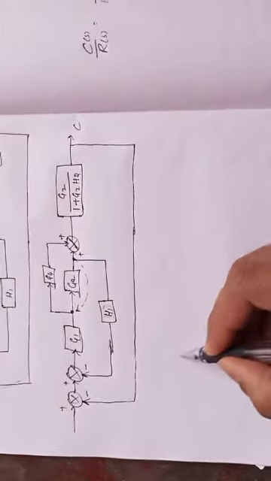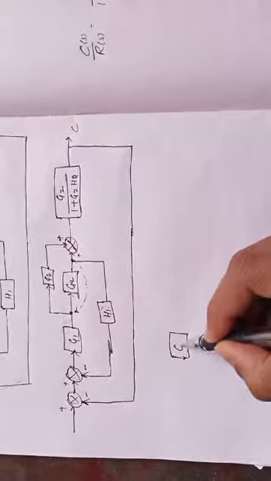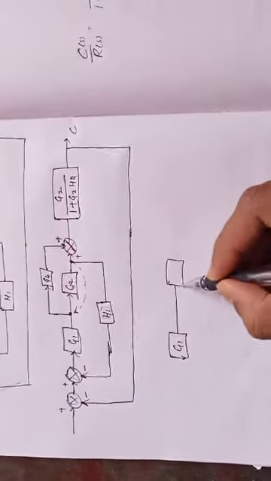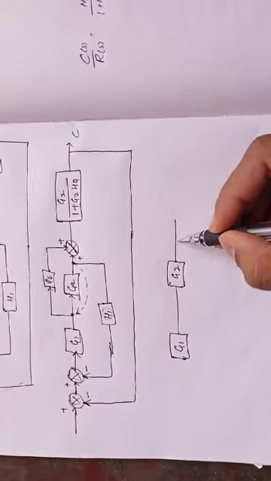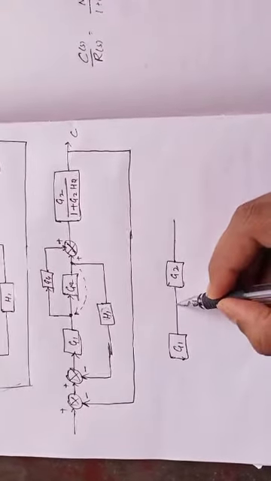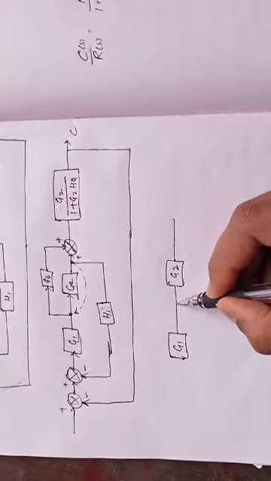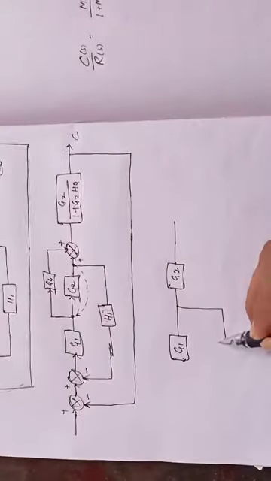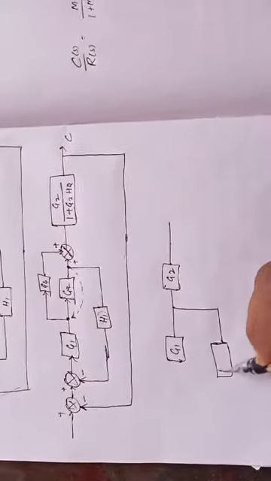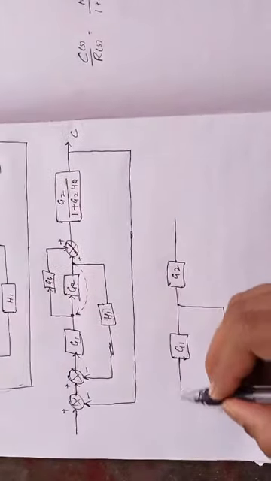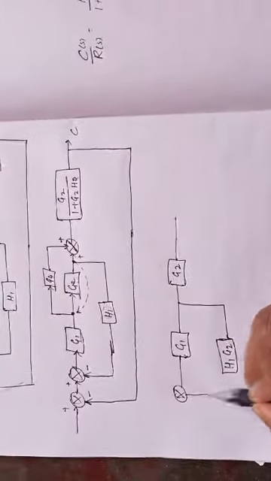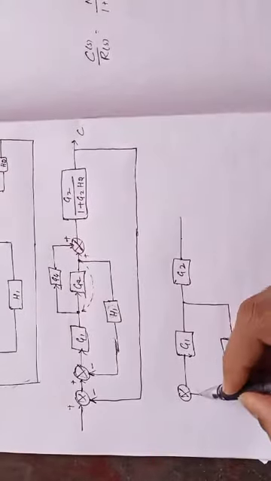This is my G1 gain, and here it is G2. Now I am shifting the takeoff from here to this point, and then this H1 is multiplied with the gain G2, and this is my summing point here.